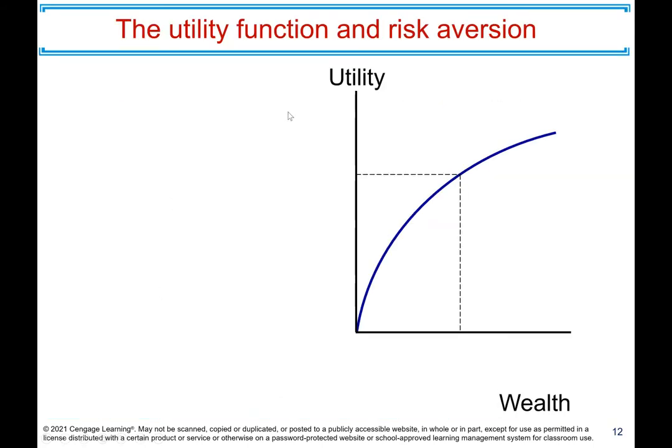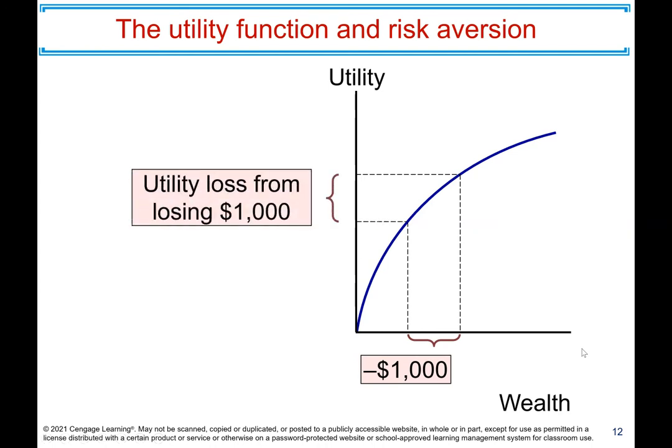Let's look at a utility function with a diminishing slope. The utility is measured on the vertical axis, wealth is measured on the horizontal axis. If you lose $1,000, the utility loss from losing $1,000 is this distance.